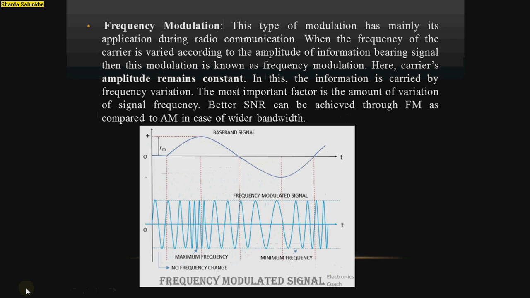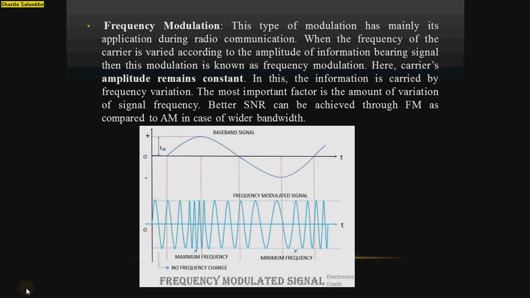Next, frequency modulation. This type of modulation has its main application in radio communication, FM. When the frequency of the carrier is varied according to the amplitude of the information bearing signal, then the modulation is known as frequency modulation. Here the carrier amplitude remains constant. In this, information is carried by the frequency variation. The most important factor is the amount of variation of the signal.